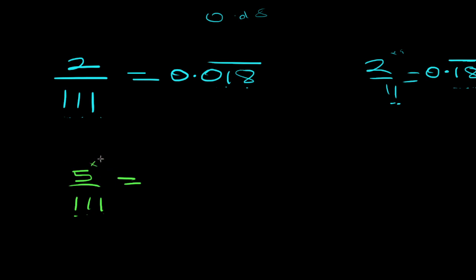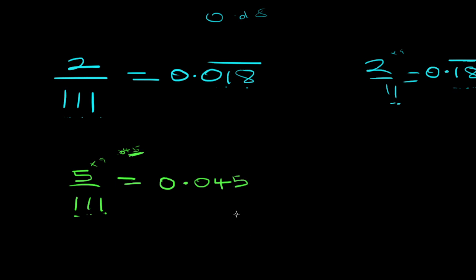What is 5 times 9? It gives us 45. But 45 is not 3 digits. It is just 2 digits. So we introduce a 0 in front of that to make it 3 digits, because the denominator is 3 digits. So we get 0.045.